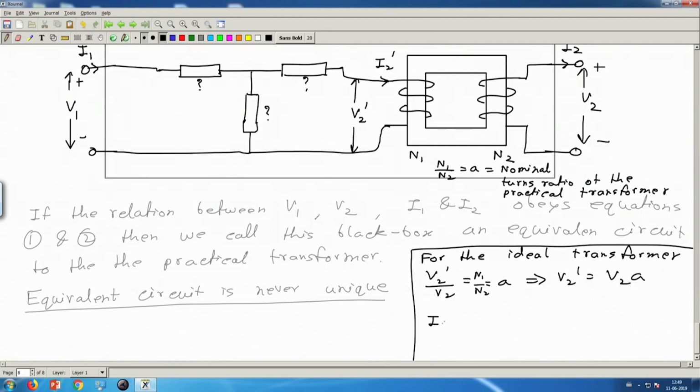And similarly I2 prime by I2 is N2 by N1, which is equal to 1 over A. So from this I write I2 prime is equal to I2 by A. So I write these values here: A V2, and I2 by A.